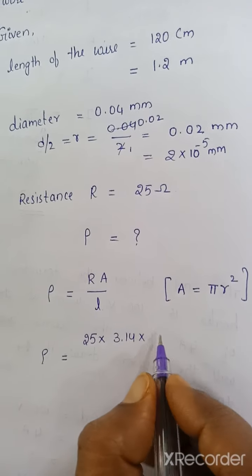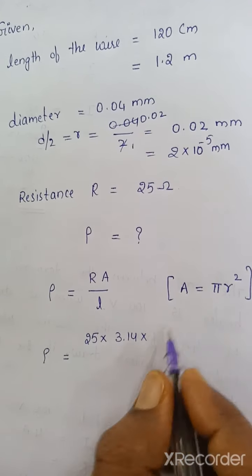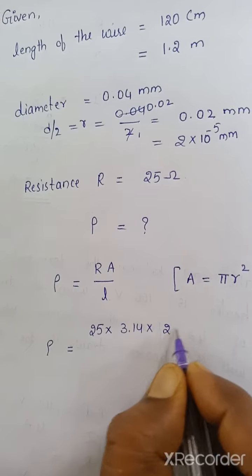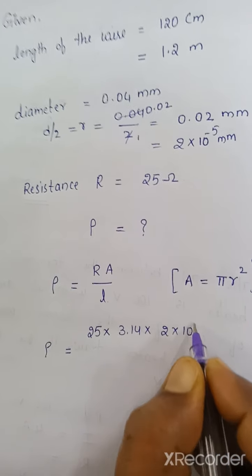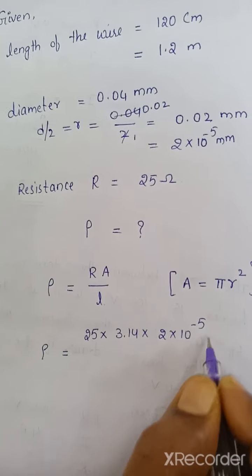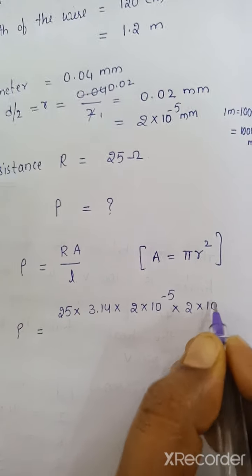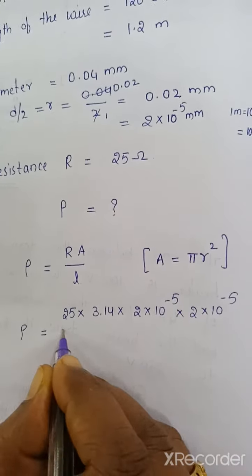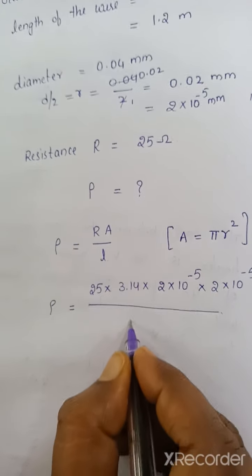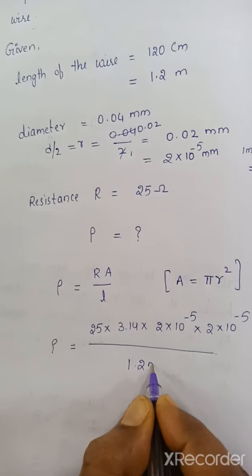So pi r square is 3.14 into 2 into 10 power minus 5 times 2 into 10 power minus 5, by the length, which is 1.2 meters.